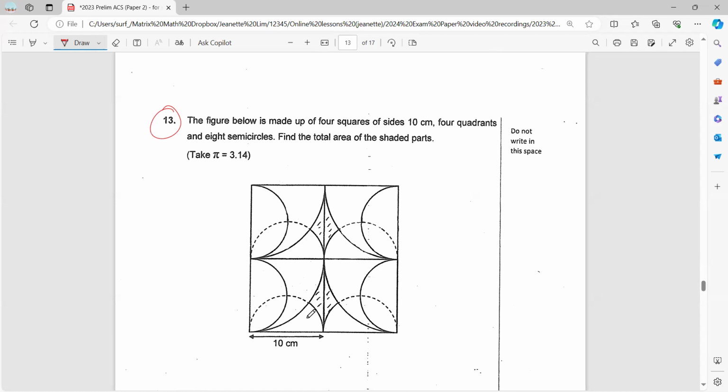The answer key says 200, so there could be some areas that are not shaded as shown here because of the printing or the scanning. So we are not able to determine if there are actually more shaded parts. The answer wouldn't be 200 if that's the case. So for this question, we will skip due to a lack of information.